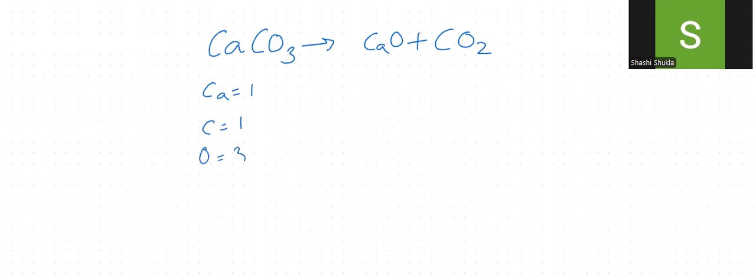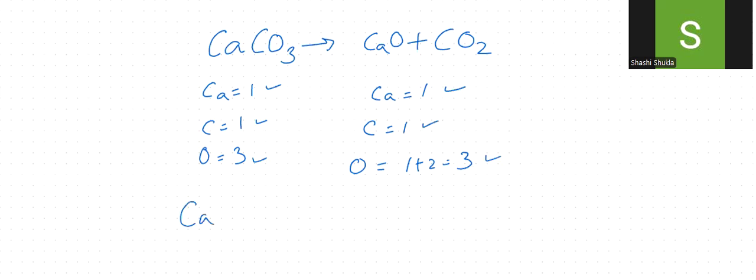On the RHS, we have Ca as 1, C as 1, O as 1 plus 2, which is 3. So let's do the comparison. 1 and 1 for Ca, calcium, good. 1 and 1 for carbon, yes. 3 and 3 for oxygen, yes. Wow, it's a balanced equation. So no work to do here. Let me write it as it is again because it's a balanced equation.